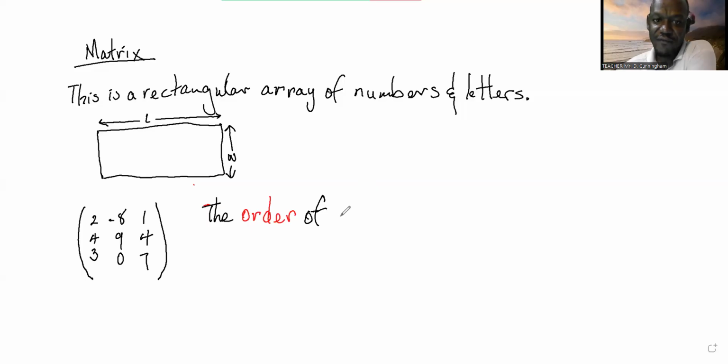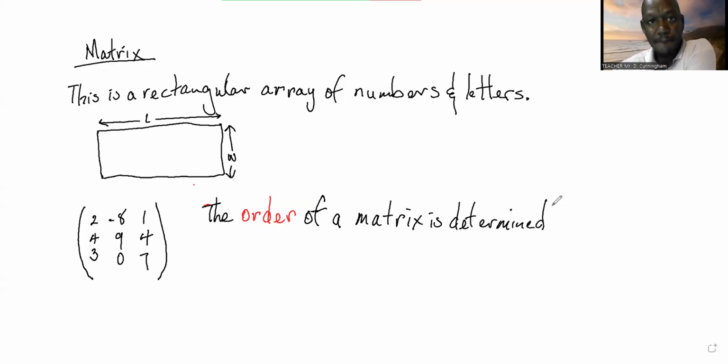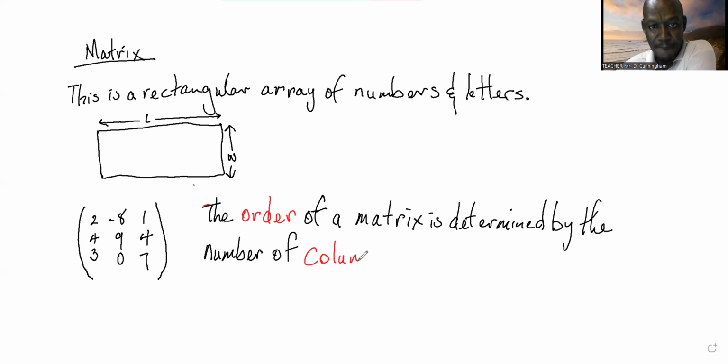The order of a matrix. Well, let me not put columns first because it's rows first.